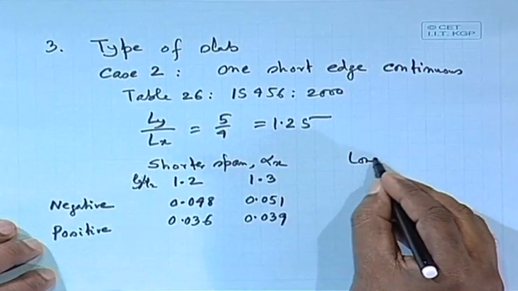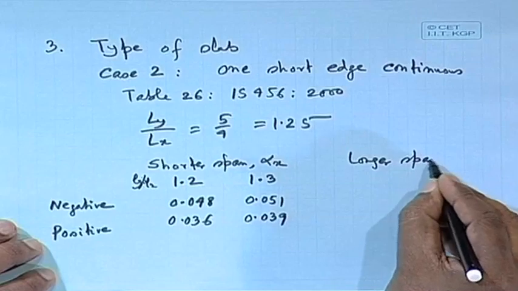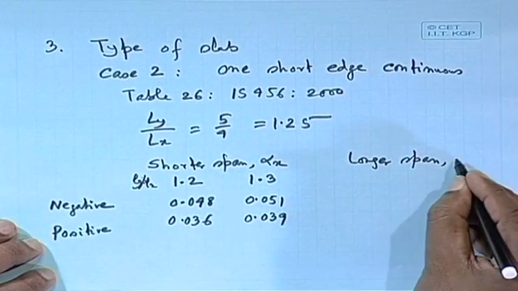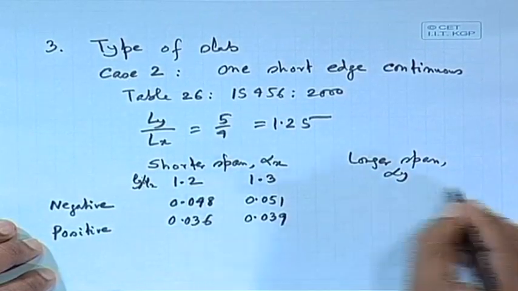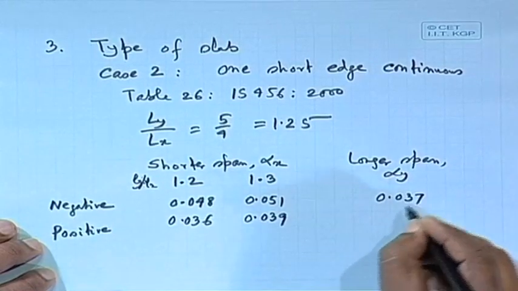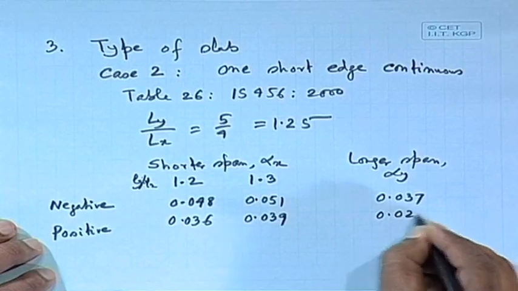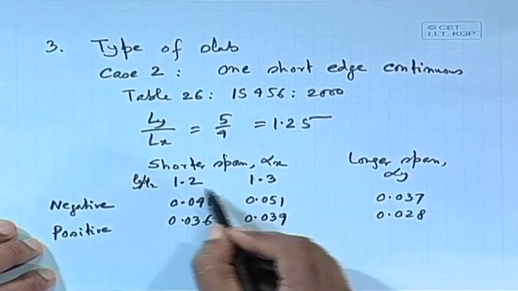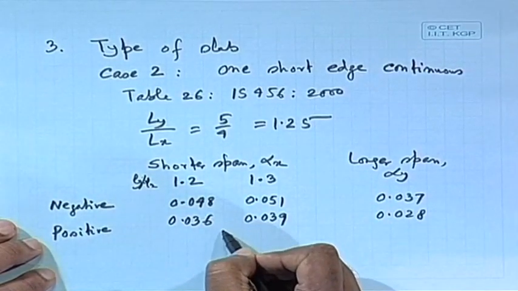Longer span alpha y, that is the same for any Ly by Lx, 0.037 and 0.028. So, for 1.25 we have to find out from linear interpolation.